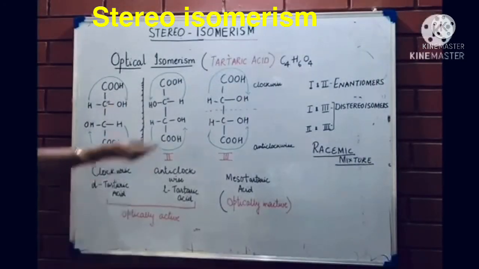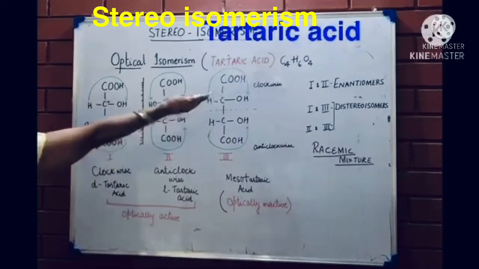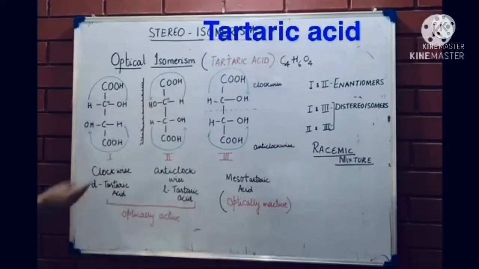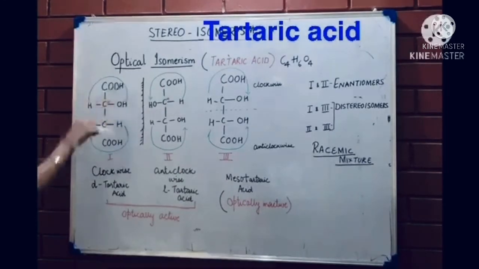Now for tartaric acid, the molecular formula is C4H6O4, and if I draw the structure of that, it will come as 2 COOH groups and CHOH. Now this compound could have been drawn in 3 different ways. I can write it as a single bond compound, and all the groups attached to it, H and OH, can be put on any side.